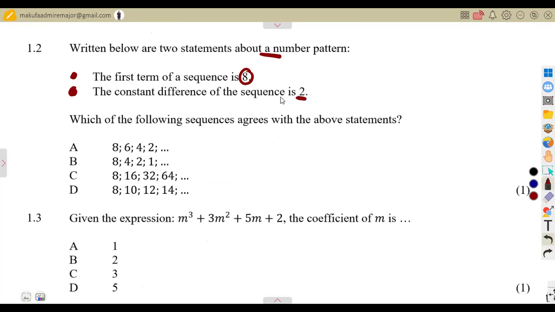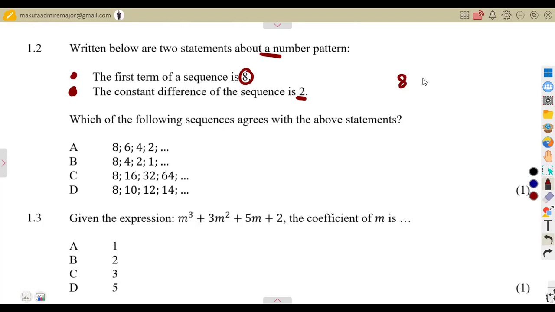So there is a constant difference as you are moving from one term to another, whereas 8 is the first term. This is an arithmetic sequence, where there's a constant difference of 2 from one term to another.